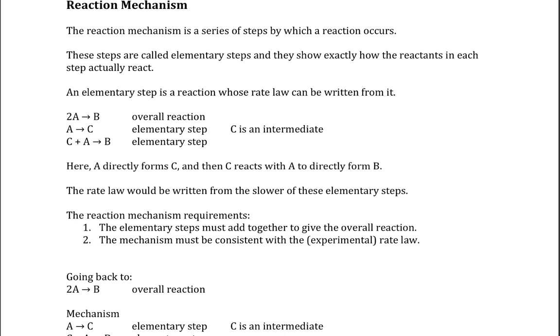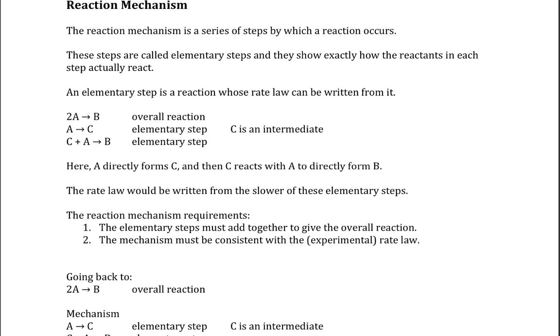So 2A forms B. And let's say that the steps that give rise to this overall reaction are A forming C, where C is some kind of an intermediate, and then that C, that intermediate, reacts with the other A to give B, our product. So those are two steps. They are what we call elementary steps.